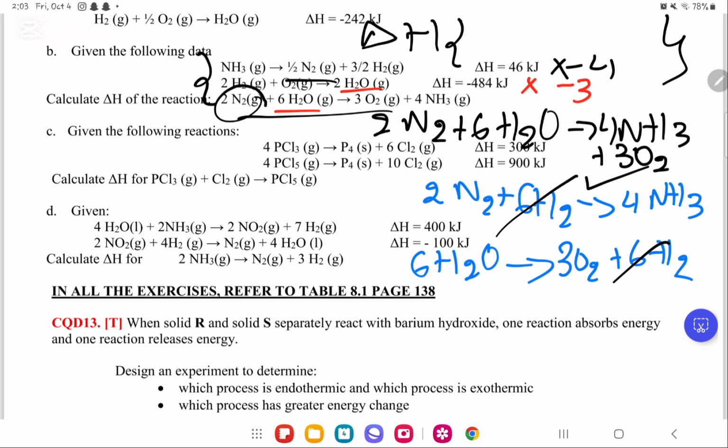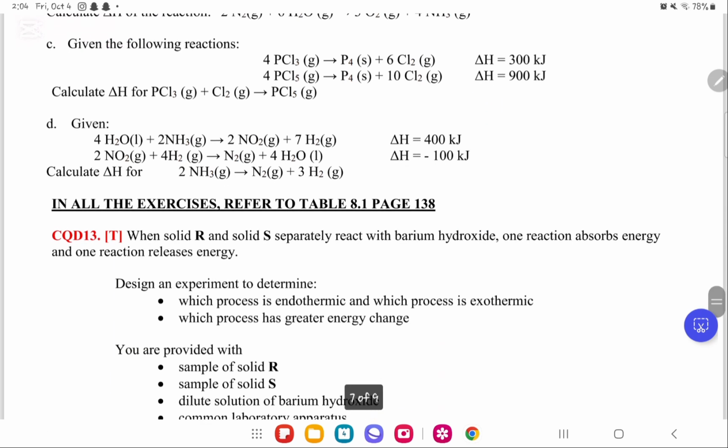So it's gonna be 46 times minus 4 plus minus 484 times minus 3. So then the delta H of the reaction is gonna be 1268. That's part B.